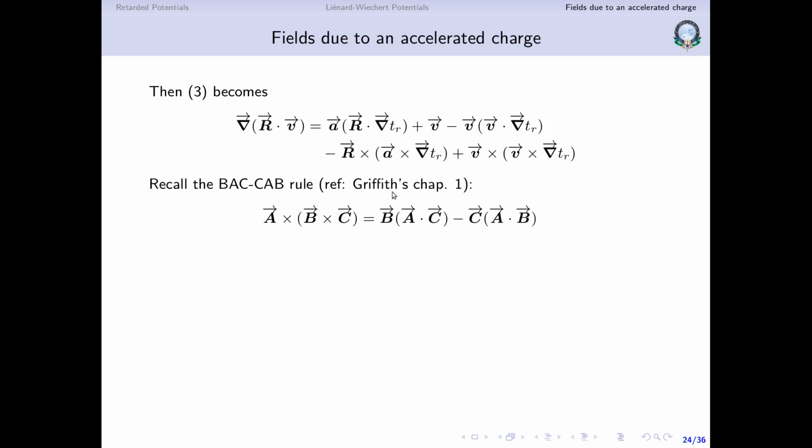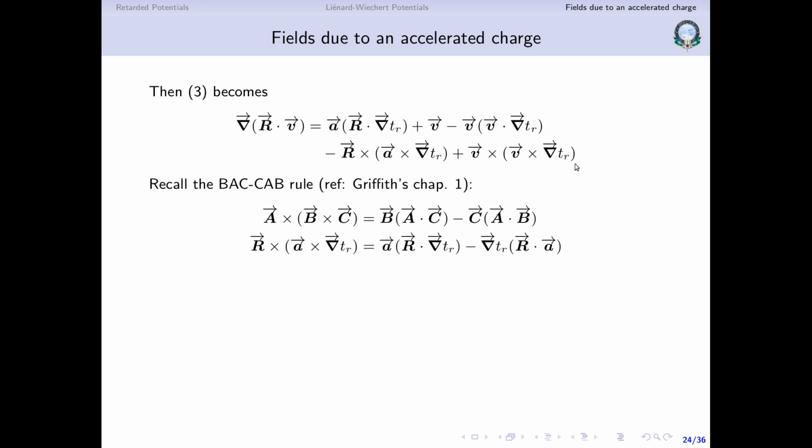So we just need to apply the back cab rule on this one as well as the second, third and the fourth terms. So in the third term, if you put capital R as A and small a as B and gradient of TR as C and substitute here, you will get this quantity. Because B is small a, so A into capital R dot gradient TR minus gradient TR into R dot A. So this is what we have.